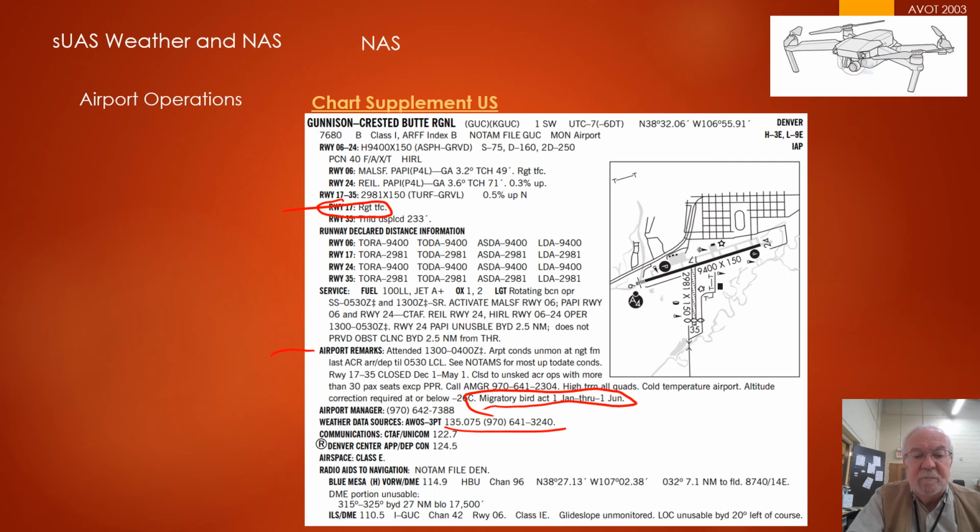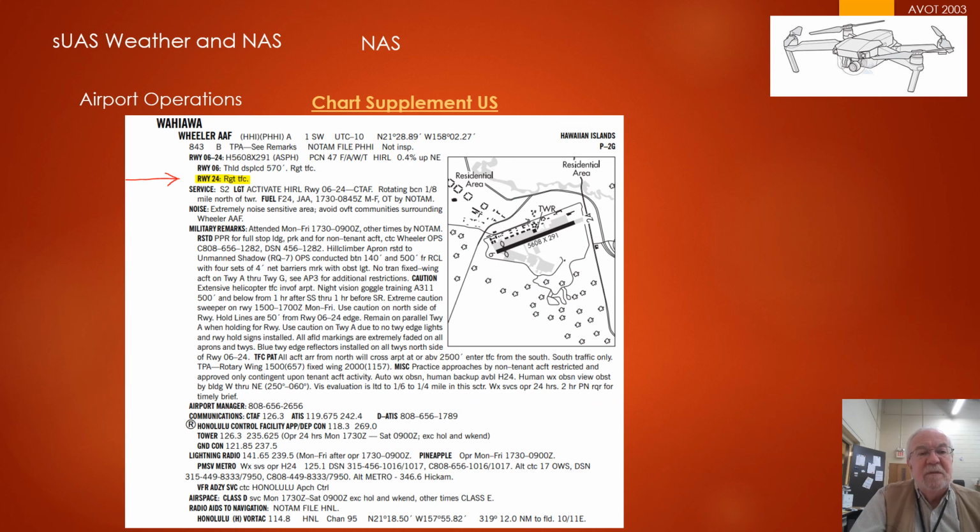Weather services, Unicom 122.7, Class E airspace. I don't know how to pronounce that, but I think it's Wahiawa. But again, runway 24, right traffic.